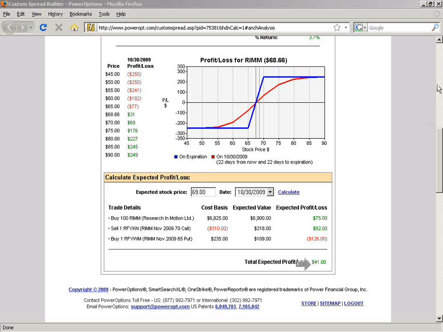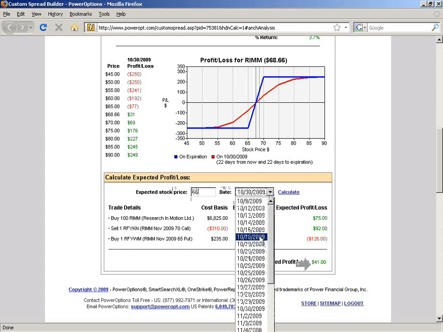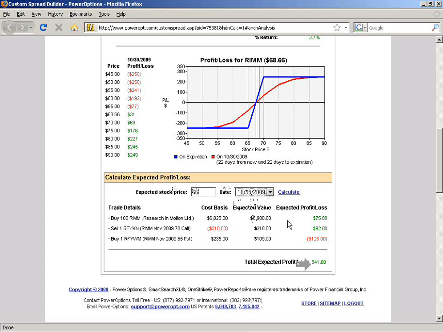And let's say I wanted to know what would happen if the stock dropped a little bit. Let's say we wanted to know if the stock dropped down to $66 on, let's just take next Thursday. What's going to happen to this position theoretically if our stock drops to $66 on October 15th? Well, I'll plug that in and run calculate again.